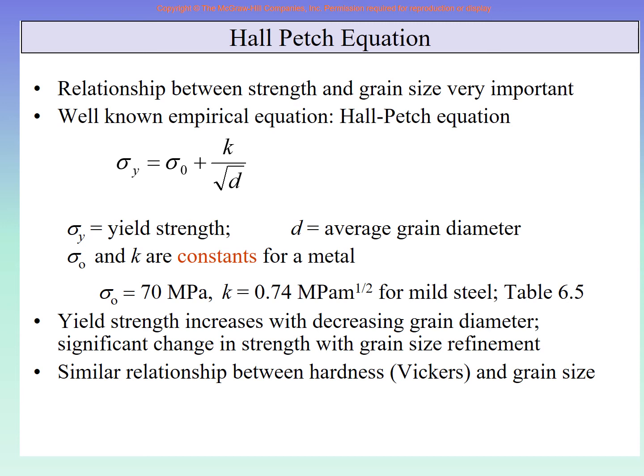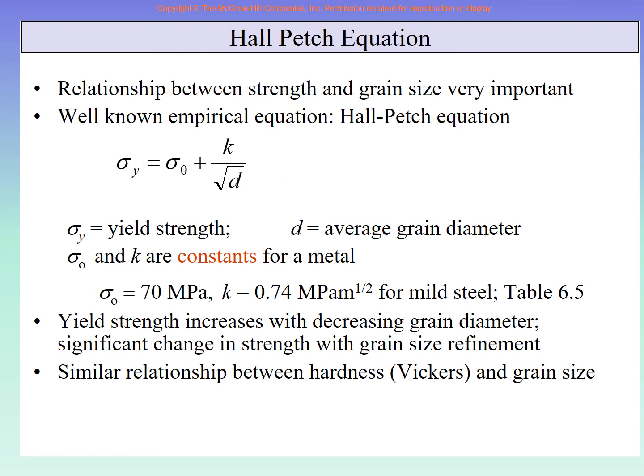If the Hall-Petch equation study has been done for any metal, like mild steel here, then by repeated experiments we can find the values of these two constants. If these two constants are known, then we can predict: give me the average grain diameter that you see under the microscope, and I can give you the yield strength of the material.